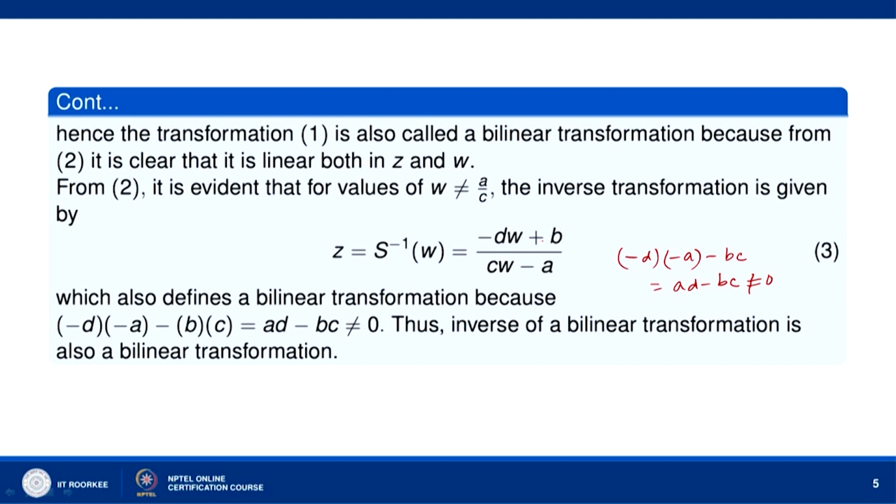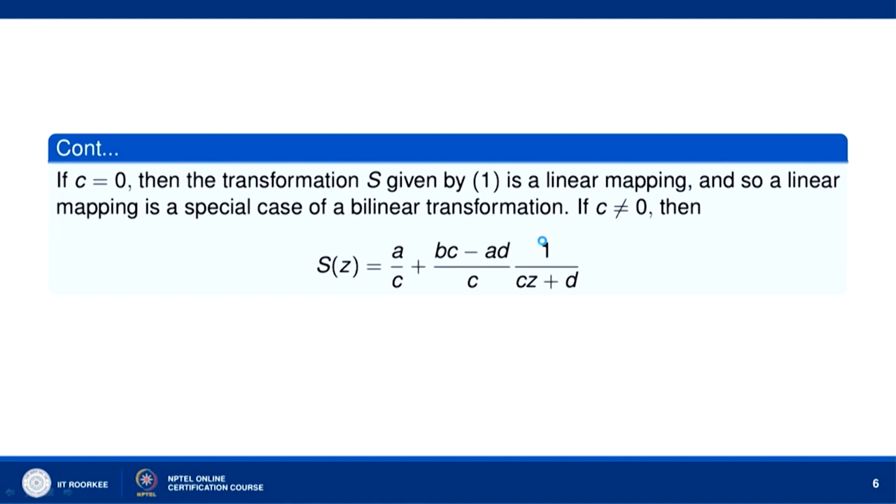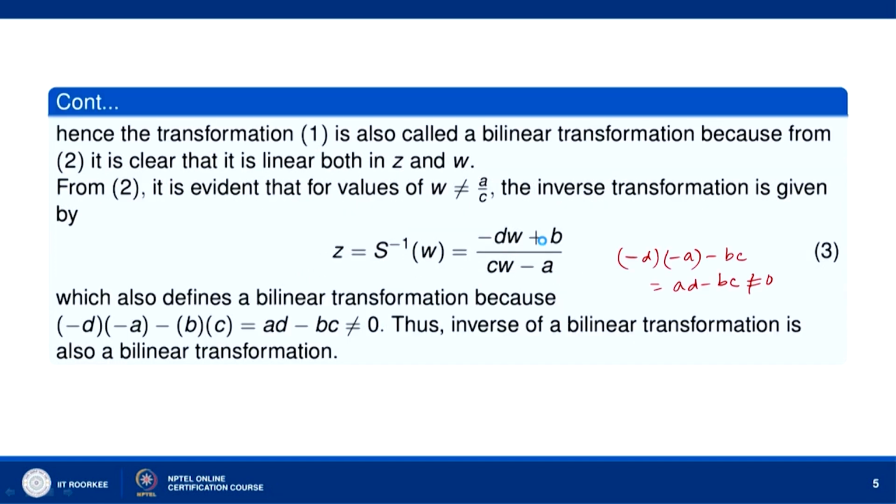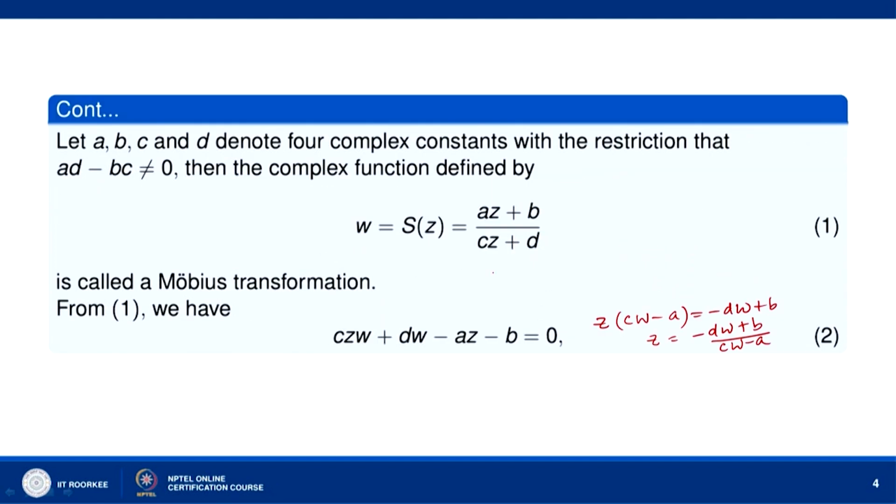Now, you can see that if c is equal to 0, then in the transformation given by 1, w will be equal to (az plus b) divided by d.